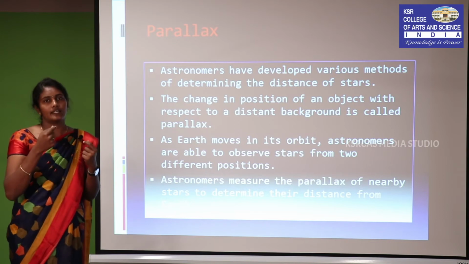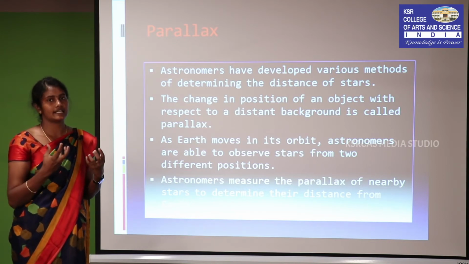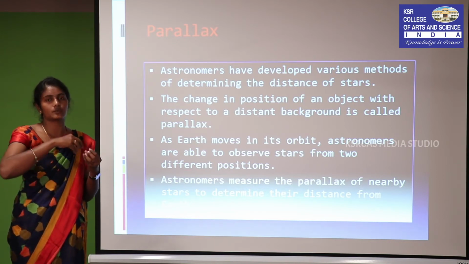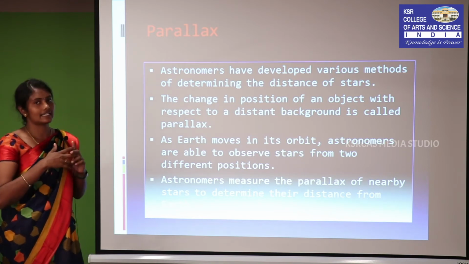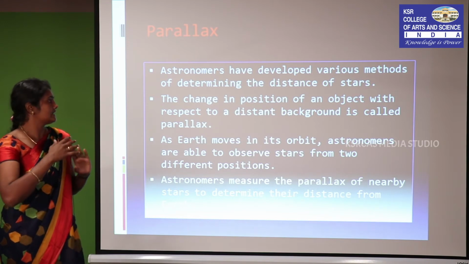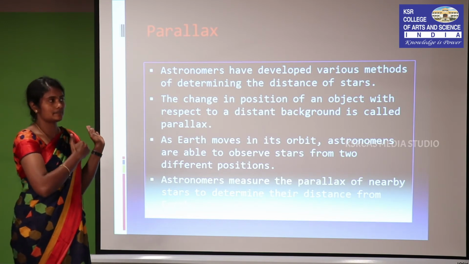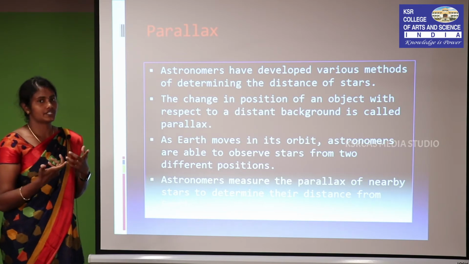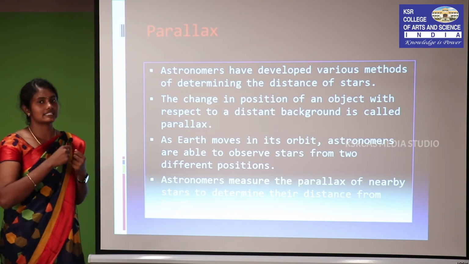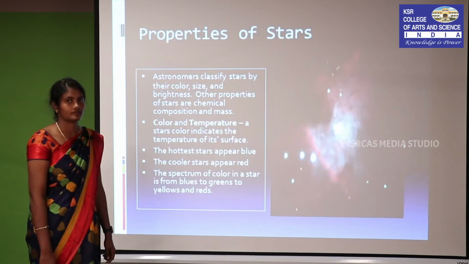The position of our Earth is considered as the object. From that object, the distance of the stars can be calculated by parallax. This method is mostly based upon the Earth's revolution and the distance from the stars to Earth.